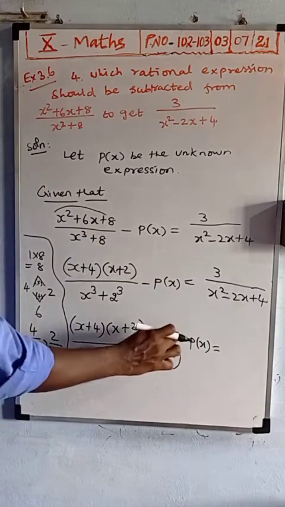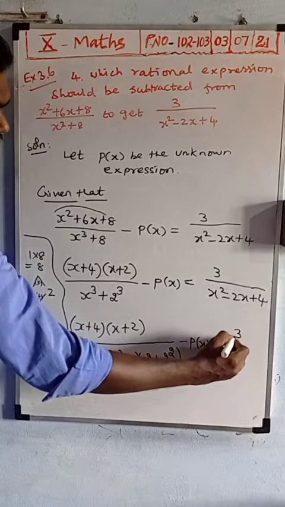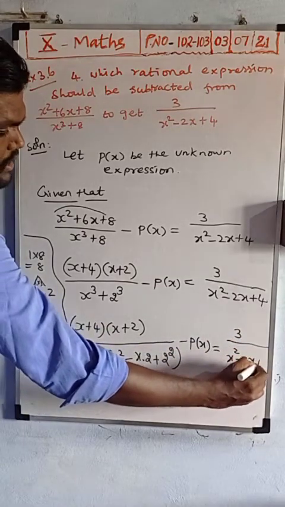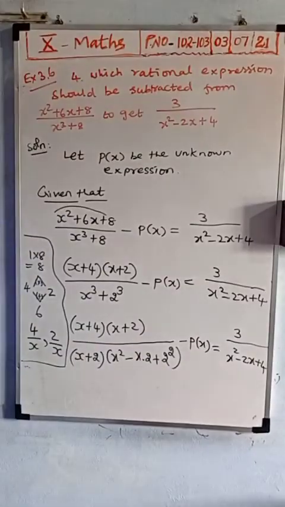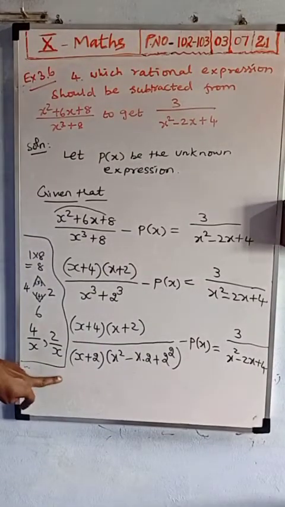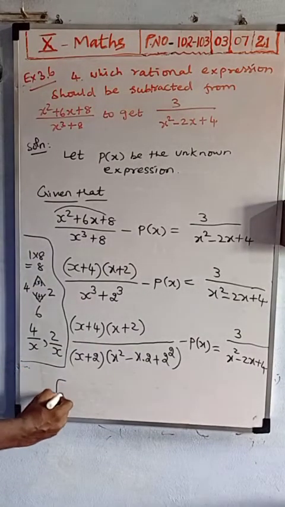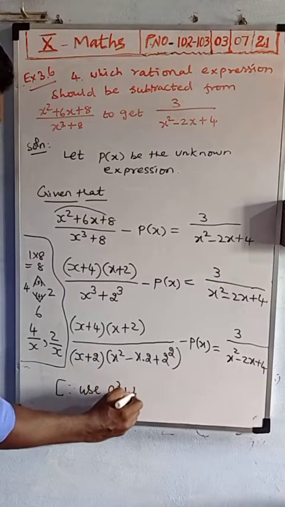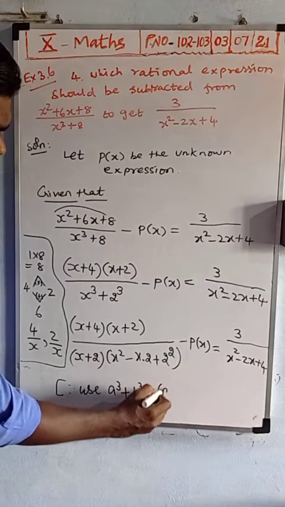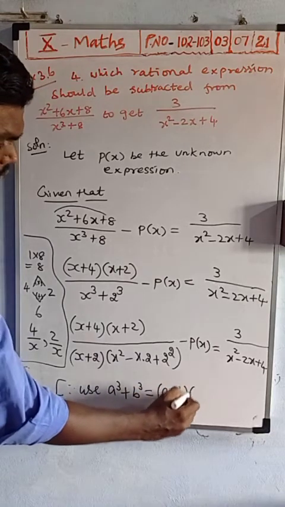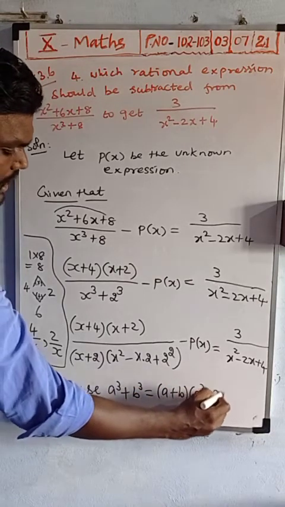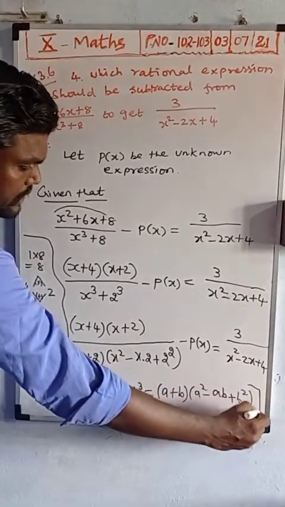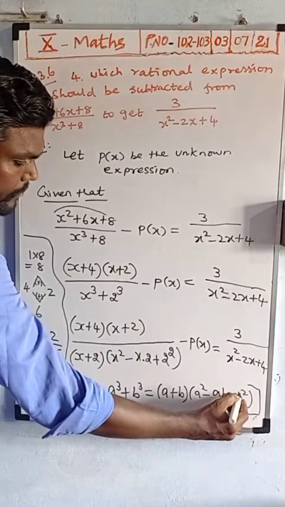Minus p of x divided by 3 divided by x square minus 2x plus 4 you should write as it is. Since we used, what is the formula? a cube plus b cube is equal to a plus b of a square minus ab plus b square. Okay, since we use this formula.